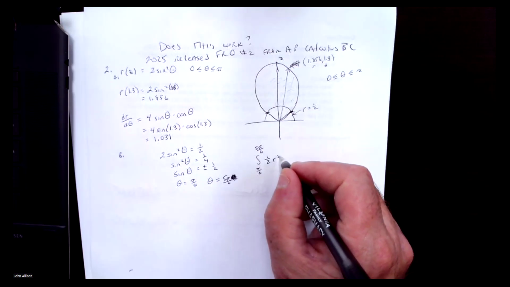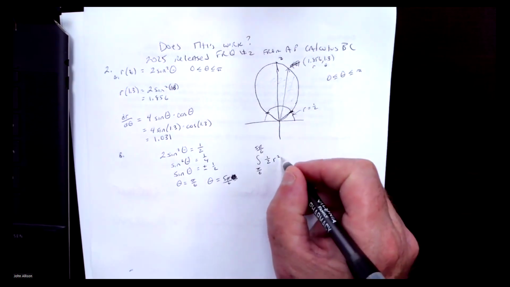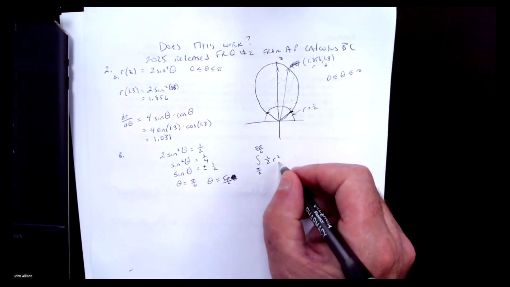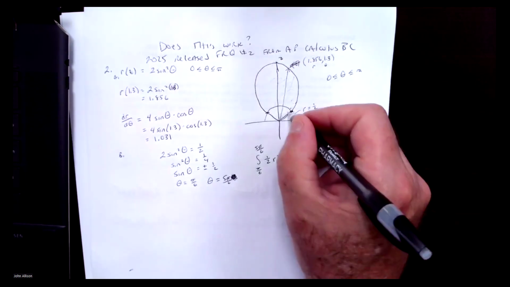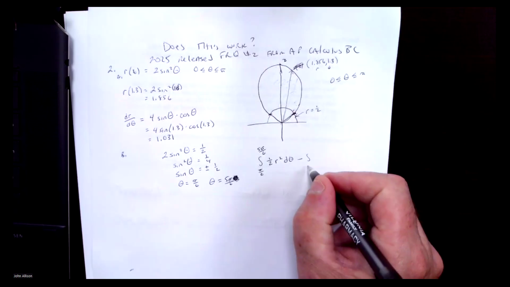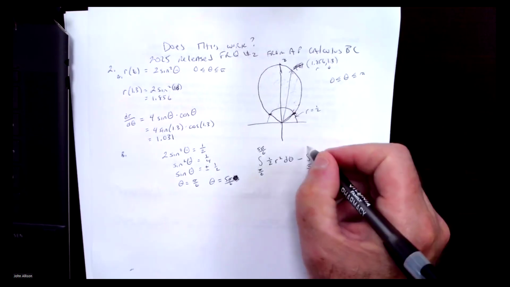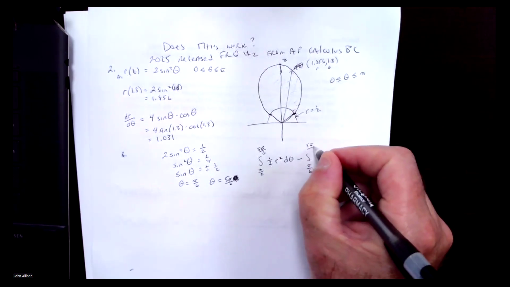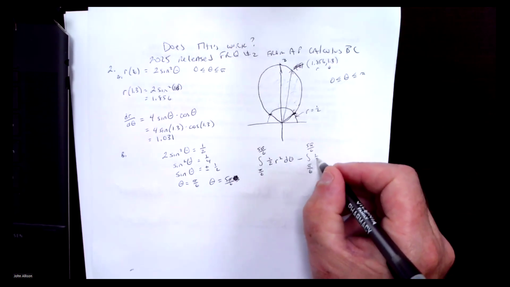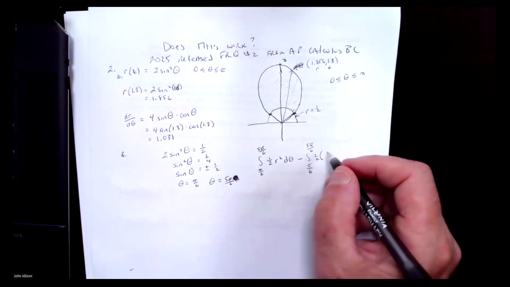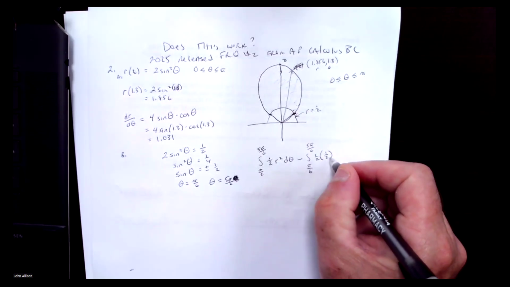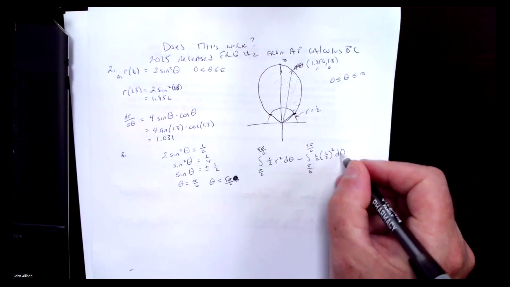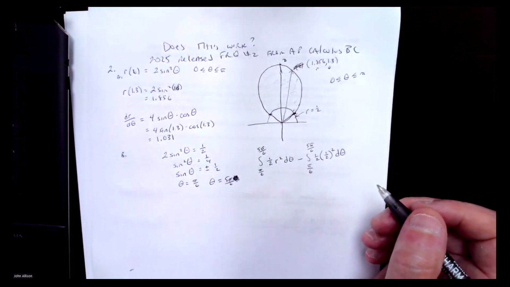So this is going to be the outside area, 1/2 r squared d theta, and I'm going to subtract the inside from that, from pi over 6 to 5 pi over 6. This is going to be 1/2 times the r here, which is 1/2, so that's 1/2 squared d theta.